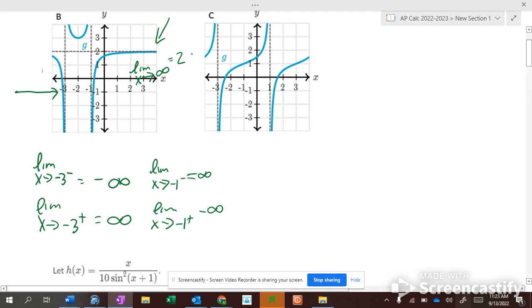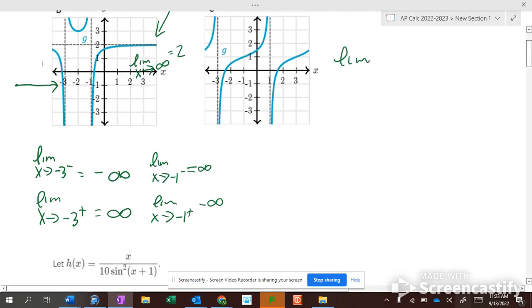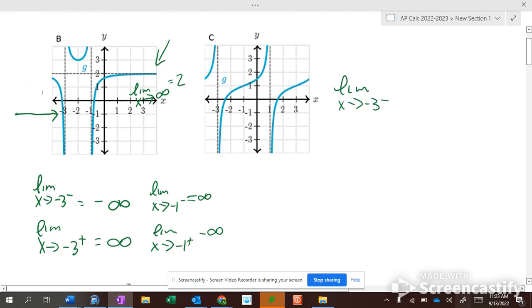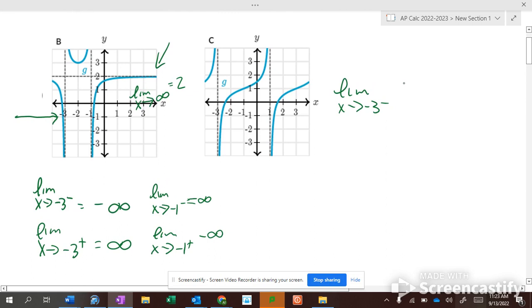So, for this one, what's the limit as x approaches -3 from the left? Infinity. Limit as x approaches -3 from the right? -infinity. And the same as we approach 1 from the left, infinity. As we approach 1 from the right, -infinity.